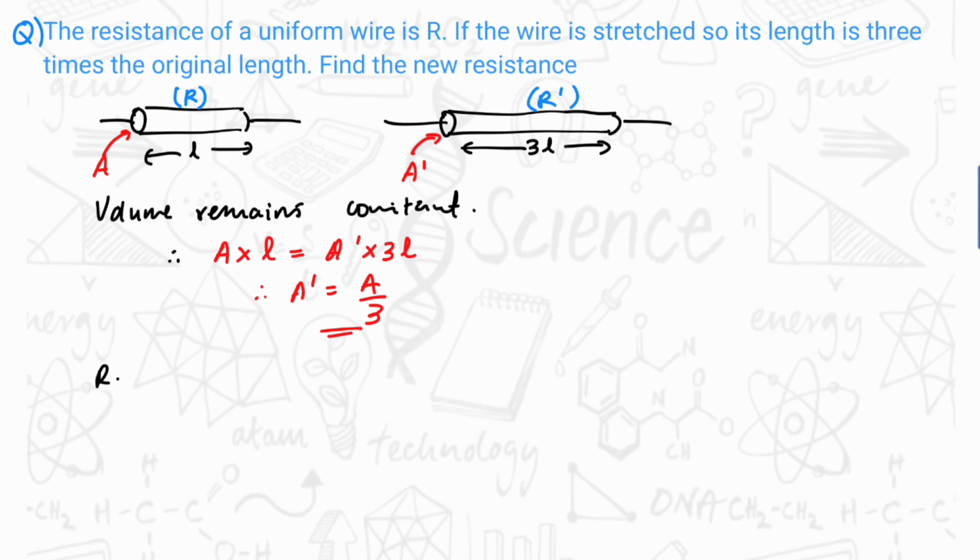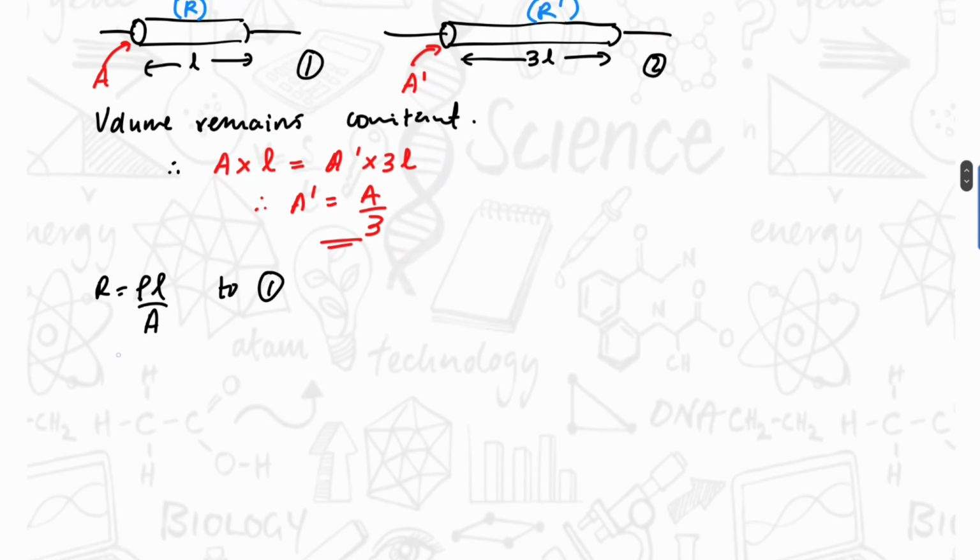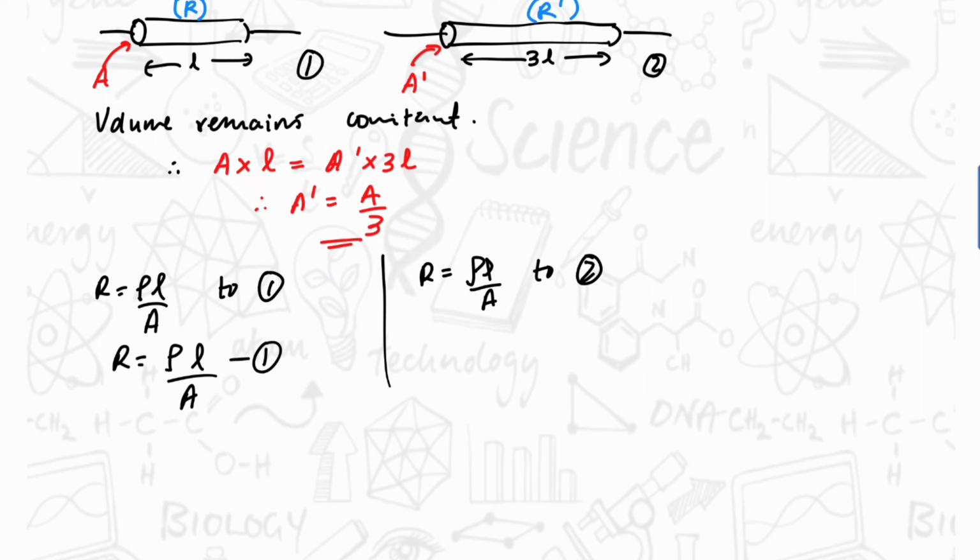Let's apply R equals rho L divided by A to our initial conductor. Then we have R equals rho L over A, which is the first equation. Then let's apply R equals rho L divided by A to the final conductor.